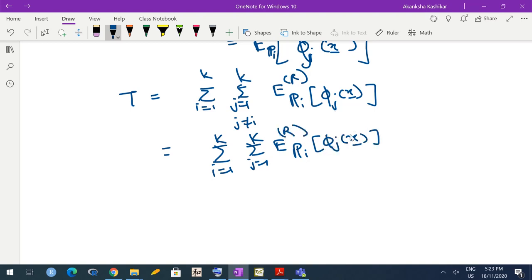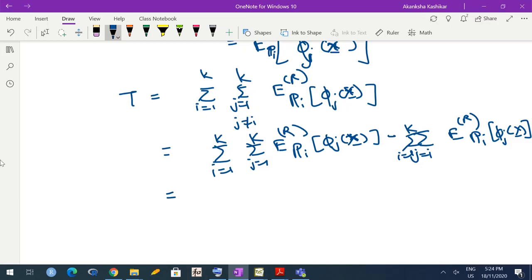Ideally the expectation should be with capital X. Minus, because I am considering the j equal to i case here, I need to subtract it. So minus the sum over i going from 1 to k, j equal to i, same thing, E_Pi,R of phi j(X).